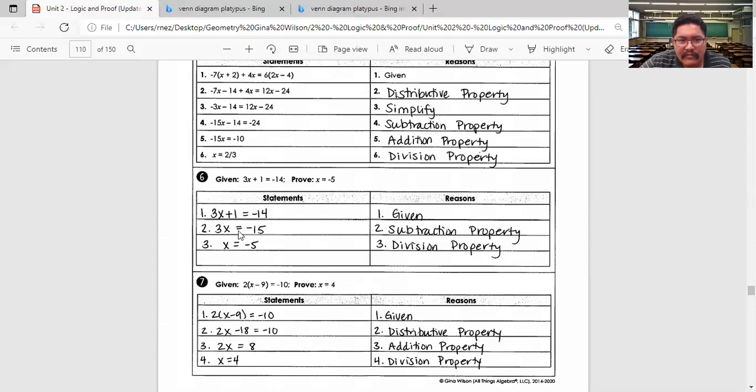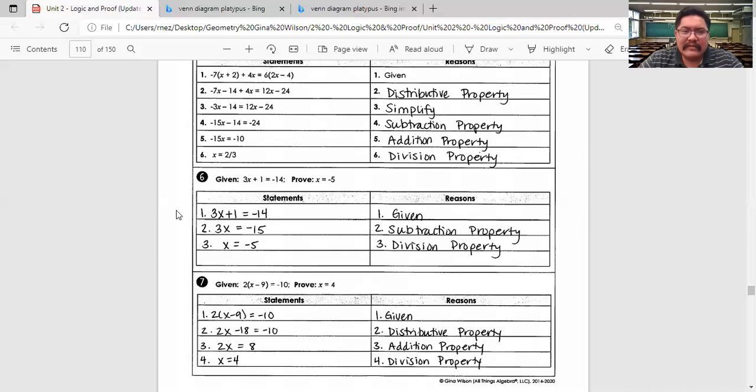Anyway, let's see what happened. It looks like we minus 1 from both sides. So that's the subtraction property. And then after that, we have 3x equals negative 15. For this one, what you could do is work on a separate piece of scratch paper, and you can show each of your steps, but you will need to show what's happening to the main equation at each step.